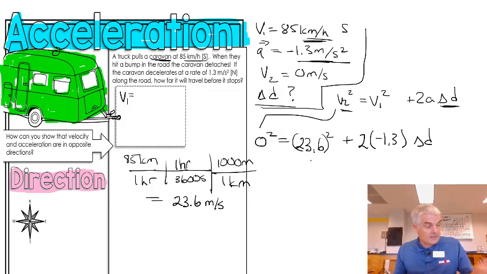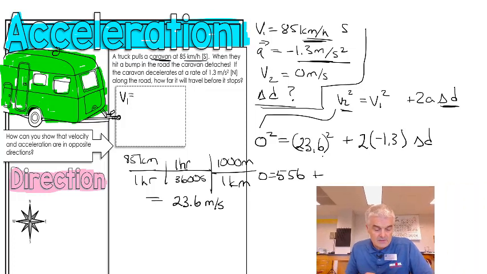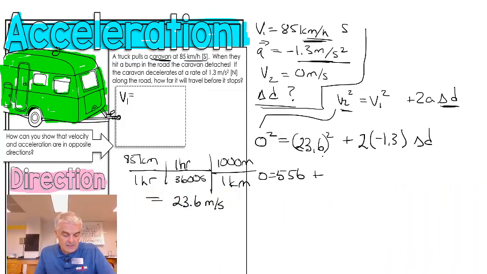All right, so let's get the calculator out. 23.6 squared. My calculator says 23.6 squared is 556. So this is equal to 0 plus 2 times negative 1.3, which is negative 2.6 delta d.